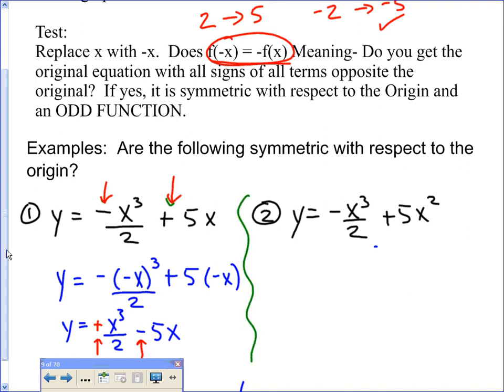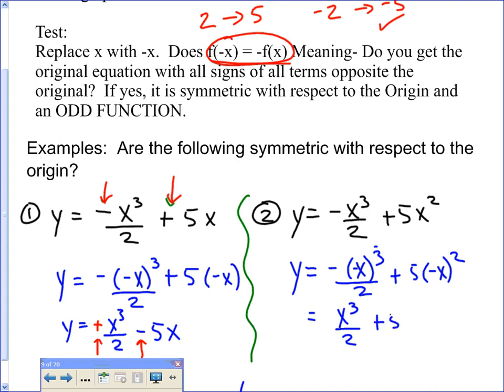In the second one, again, we're going to take out the x and replace it with negative x. Okay, and when I simplify, I cube the negative and I get a negative, so that's going to change just like the last, and I get a plus 5x squared.